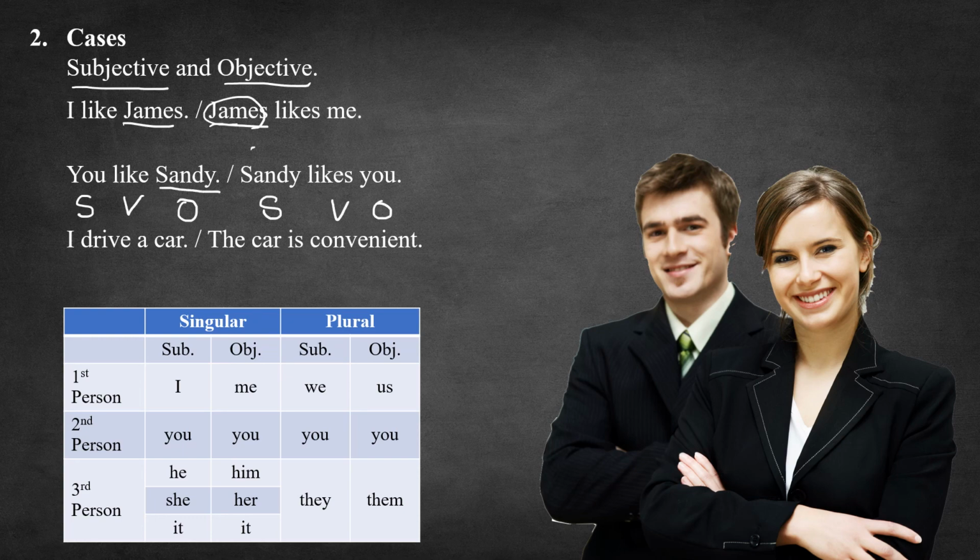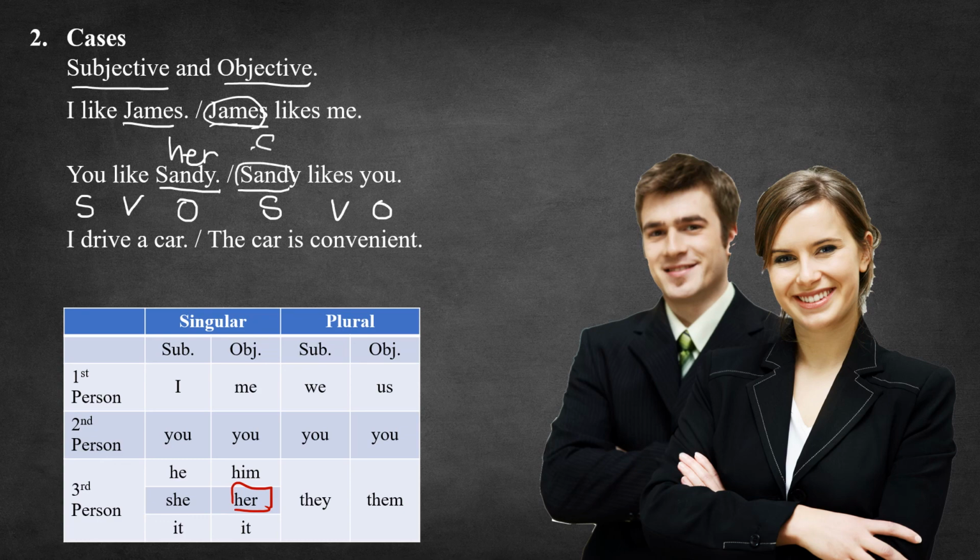Now, the Sandy here is object, so objective. So we can use her. Her is objective of she. Okay? And then Sandy. Here, the first Sandy is subjective. It's a subject.